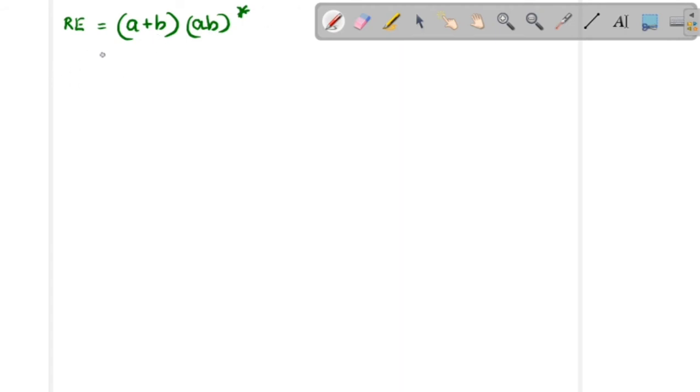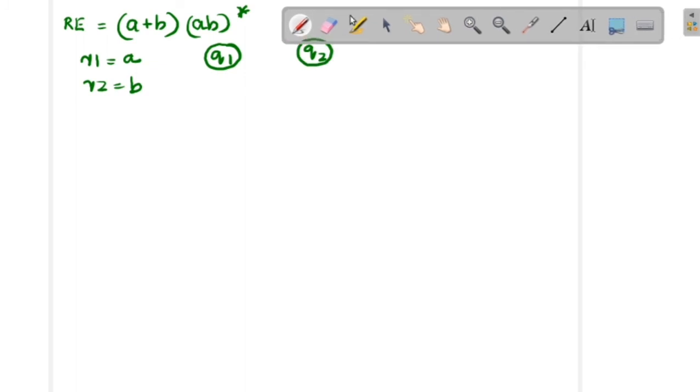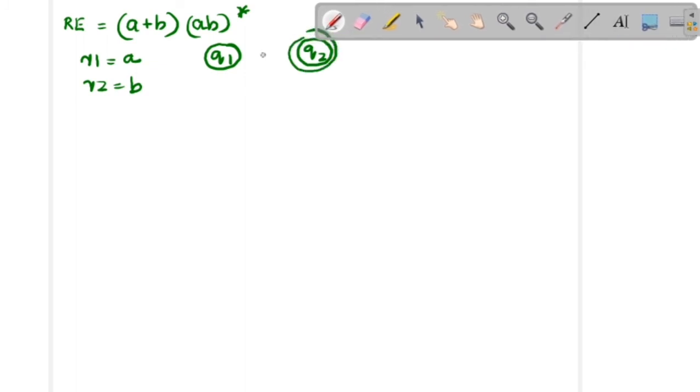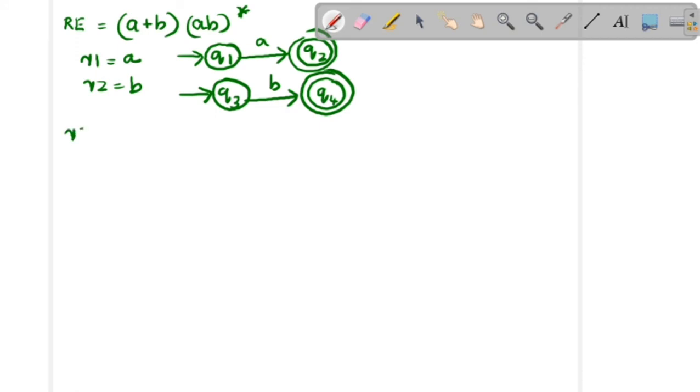So in this case there are two alphabets, so we can write R1 is equal to A and R2 is equal to B. So you know the epsilon NFA for accepting the regular expression R1 and R2, that is Q1, then Q2, A, then here it is Q3, Q4, B. Okay, then we can write this regular expression as R3 is equal to R1 plus R2.